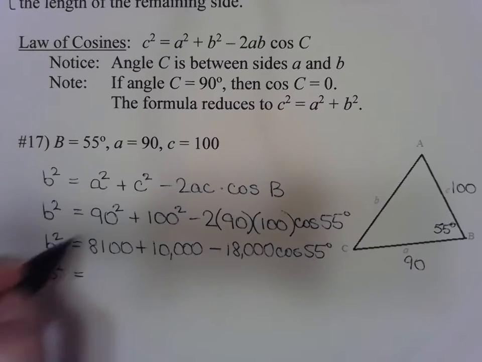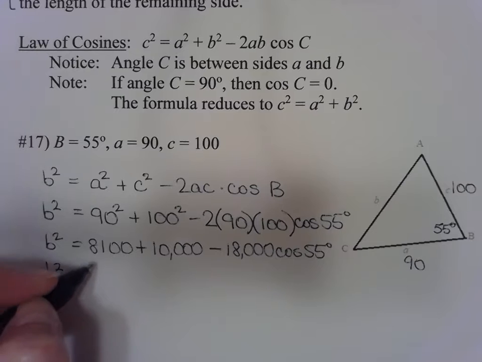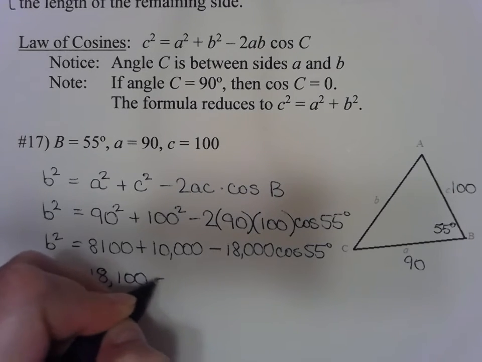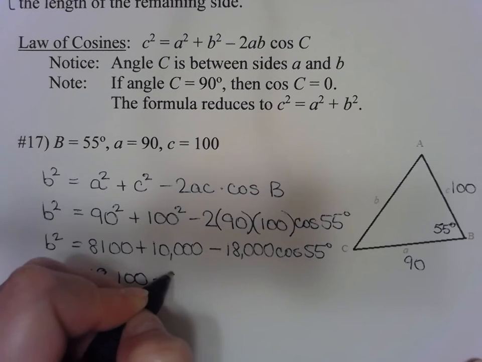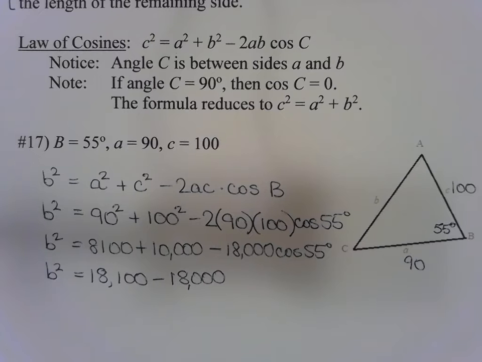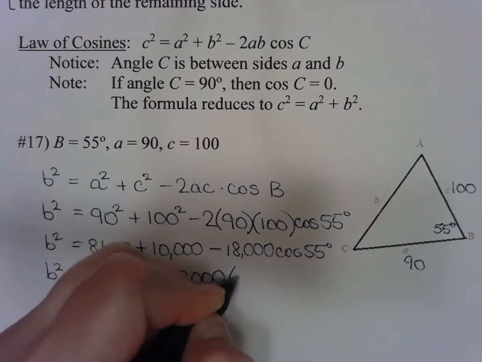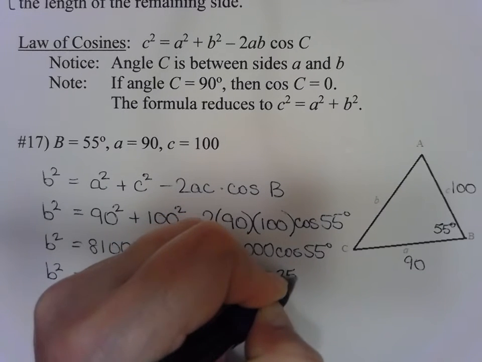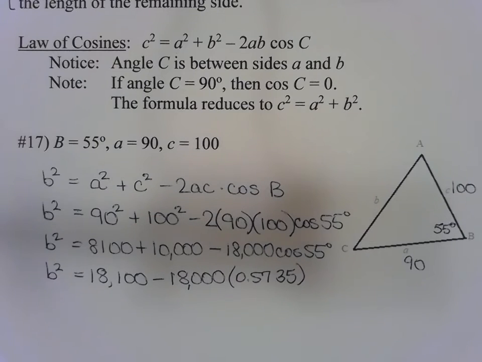Okay, so altogether, if I add these up, this is 18,100 minus 18,000 times the cosine of 55, which is 0.5735, we'll say, for now.